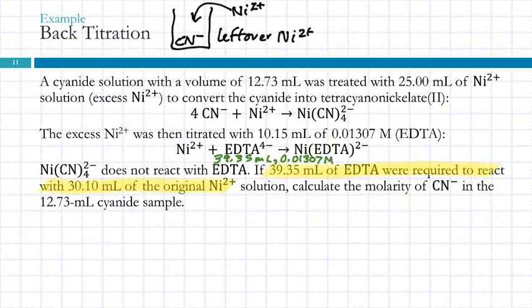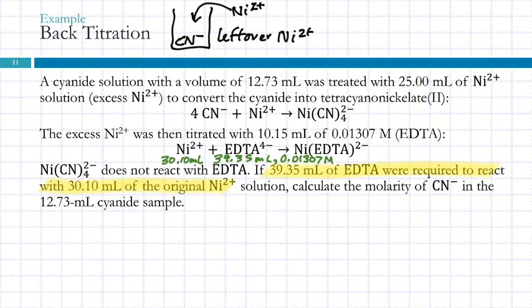And then that reacted with 30.10 milliliters of nickel solution. So it can be tempting to use the dilution equation to solve this, and I even saw that used in the tech handbook, which really just makes me angry. Let's not use that, okay?